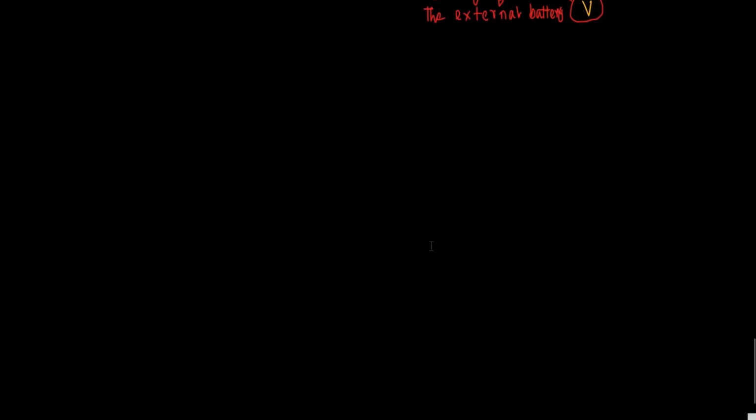That means if we draw the reverse characteristics again, this is the reverse bias voltage and this is the current axis.